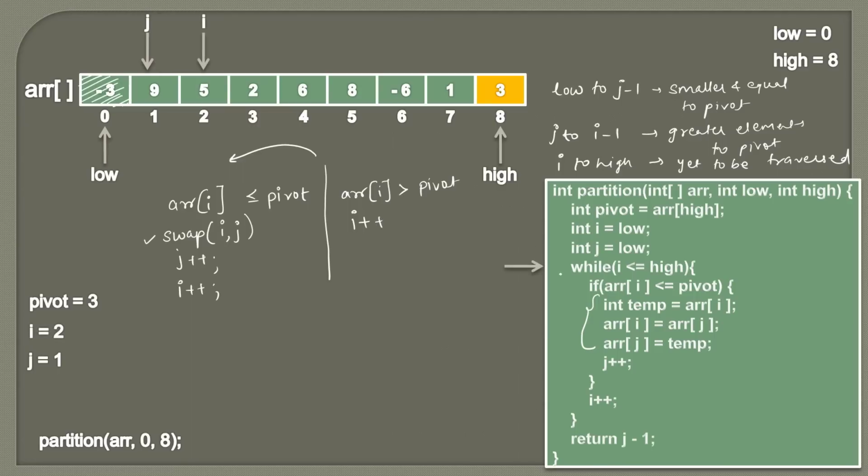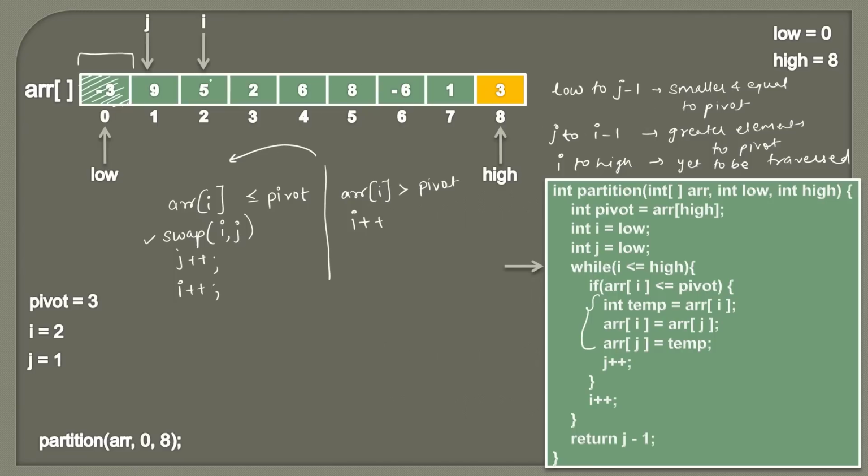Now our execution point reaches here, and you can see that from low to j-1 we have the smaller and equal elements to the pivot. So from low to j-1, which is this element, this range holds the smaller elements to the pivot.